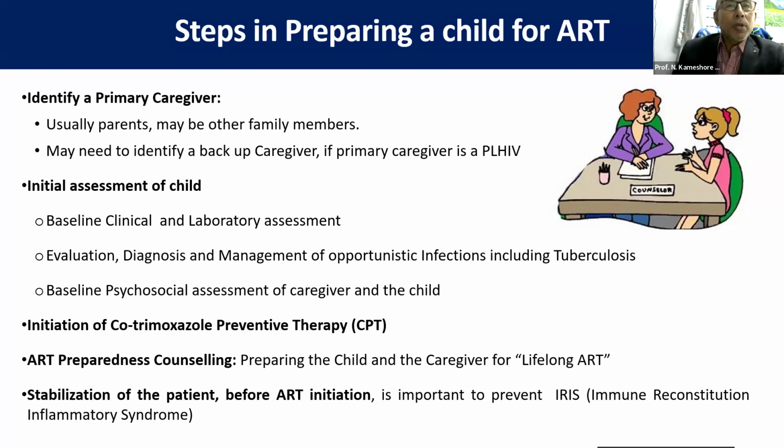So at first, we have to do initial assessment of the child, including baseline clinical and laboratory assessments, evaluation, diagnosis, and management of opportunistic infections, including tuberculosis. Baseline psychosocial assessment of caregiver and the child also to be done.